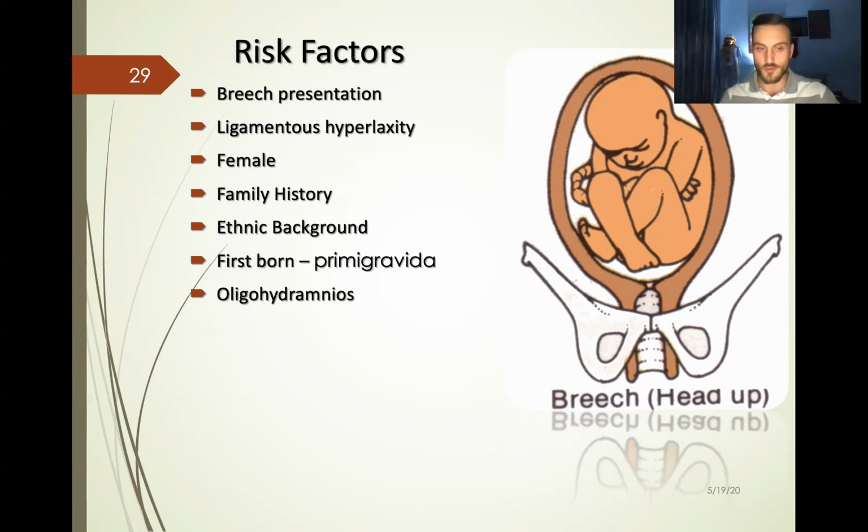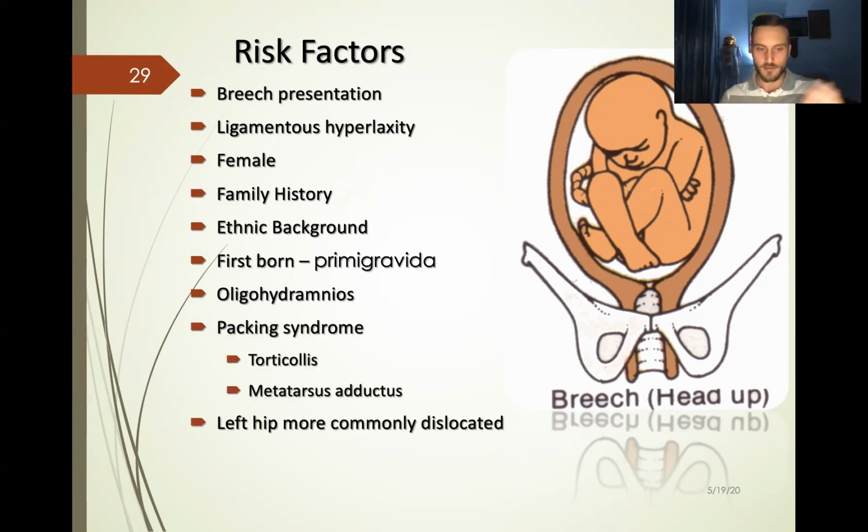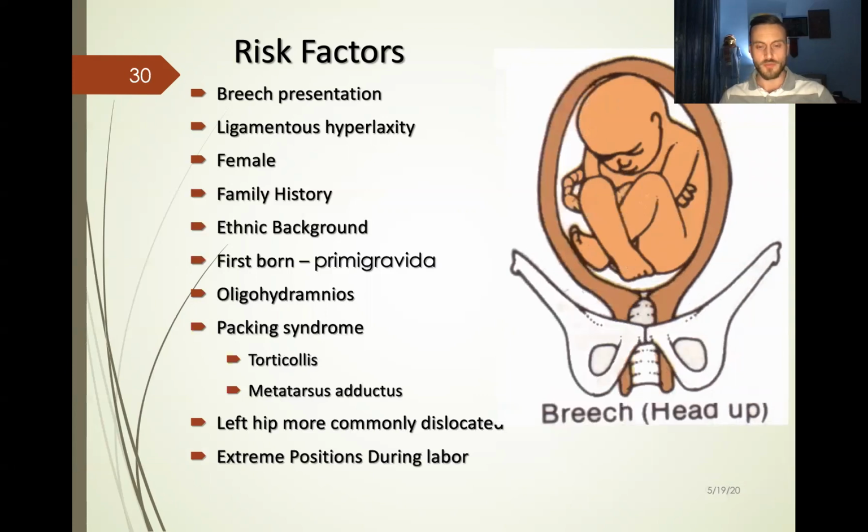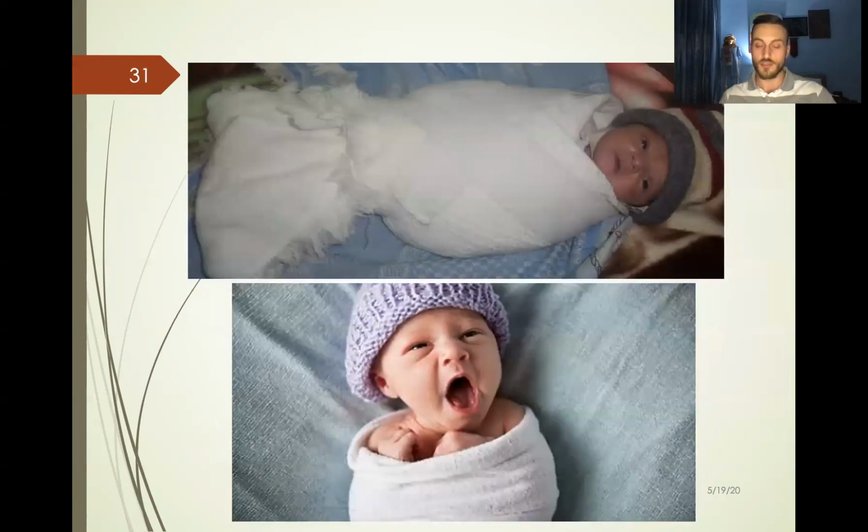So all of these give you a hint that this is a developmental disease, not congenital. Packing syndromes; they say the left hip is more commonly dislocated than the right. Extreme positions during labor, which is traumatic DDH. And the most important one is postnatal care. All of these were non-modifiable risk factors, but postnatal care is a modifiable risk factor.